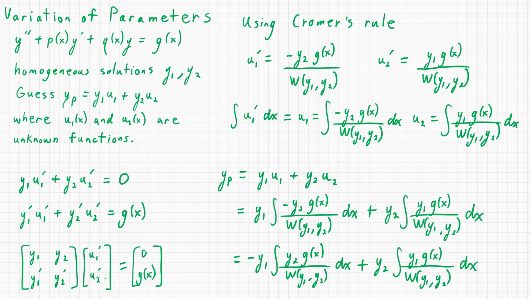And just miraculously, everything gets simplified. There's a way to solve for this. The equation isn't too horrible, but you're able to actually get an equation for the particular solution. And we got rid of u1 and u2. We could replace them entirely with things we know.